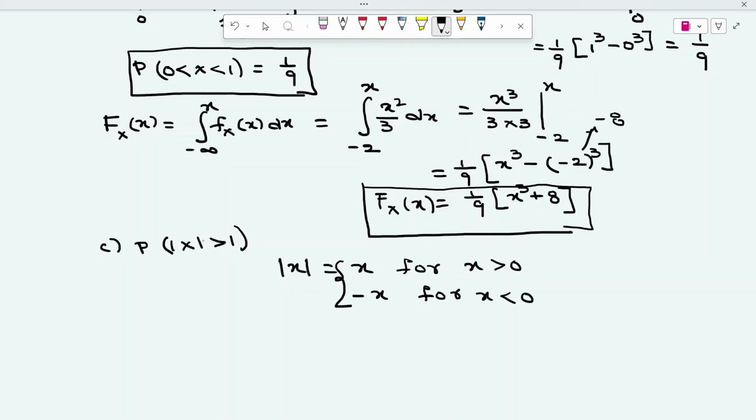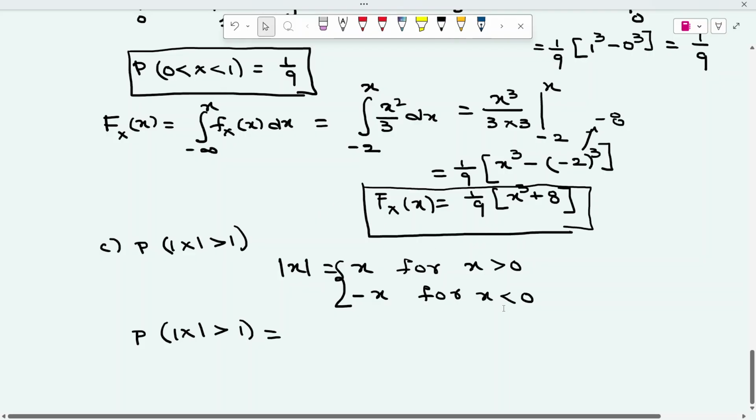So for this probability of mod x greater than 1, we have to divide into two parts, for x greater than 0 and x less than 0.